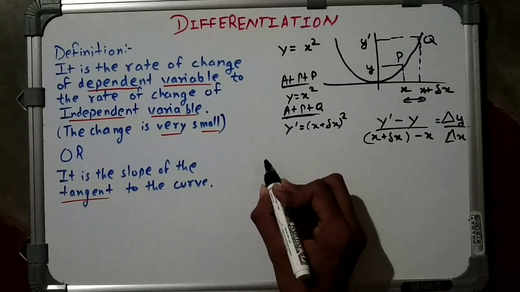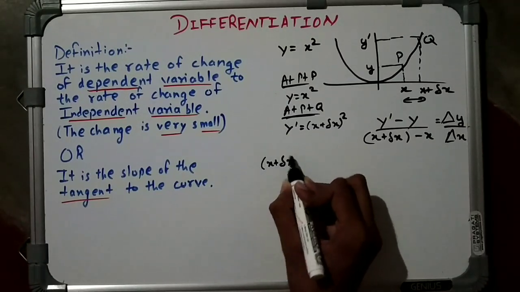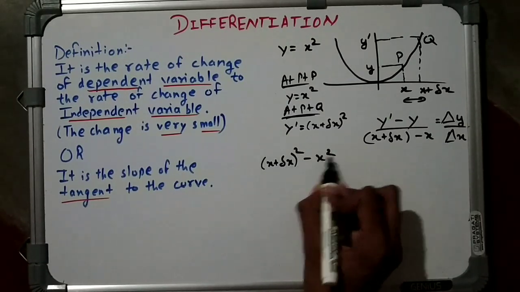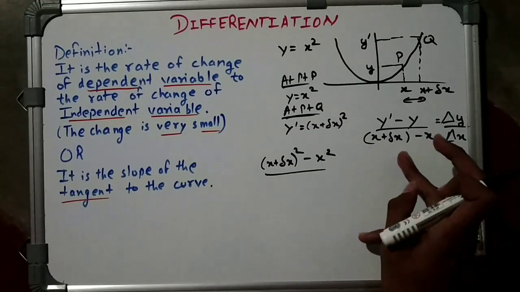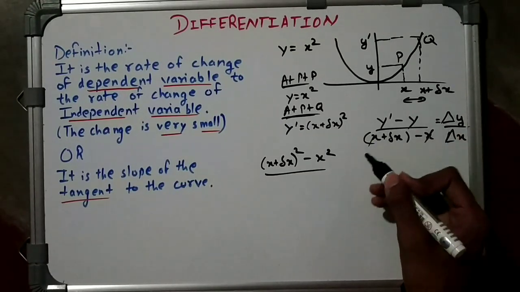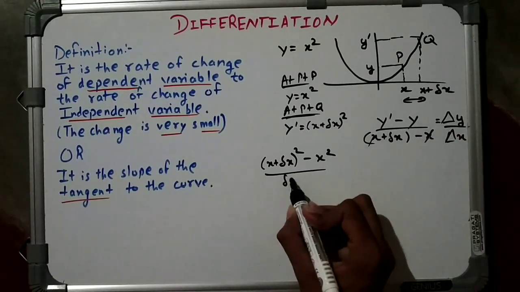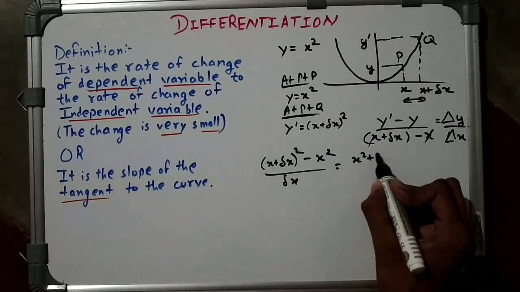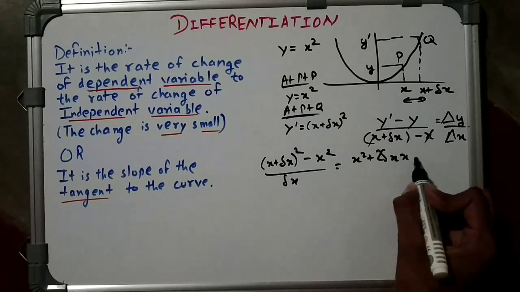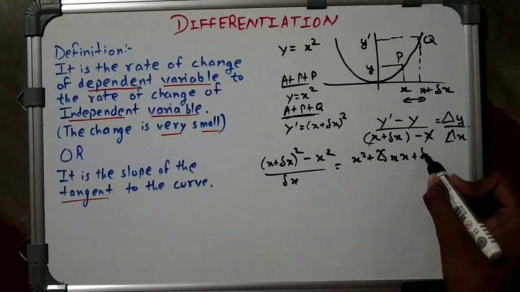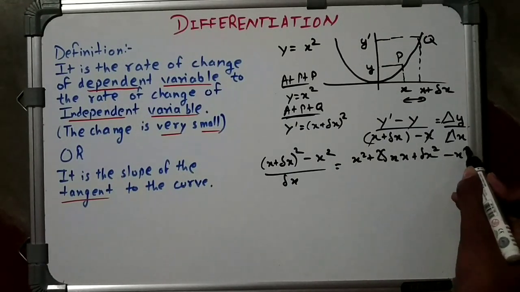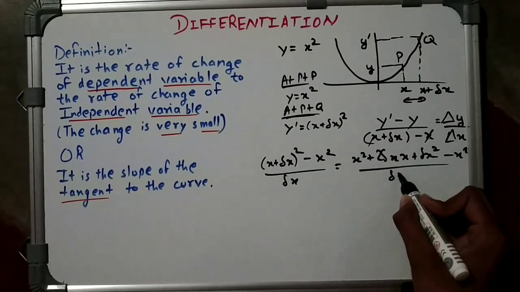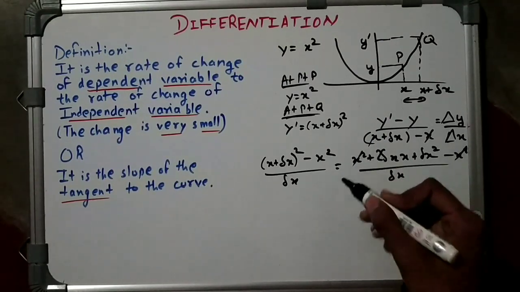We'll get x plus del x whole square minus x square upon del x, because x and x will get cancelled out. After that we can do the maths here. x square plus 2x del x plus del x whole square minus x square upon del x. Again x square gets cancelled out.